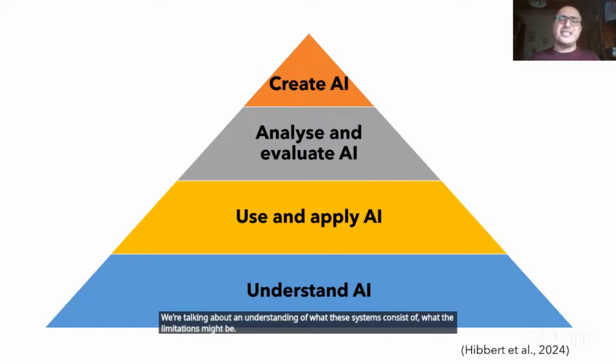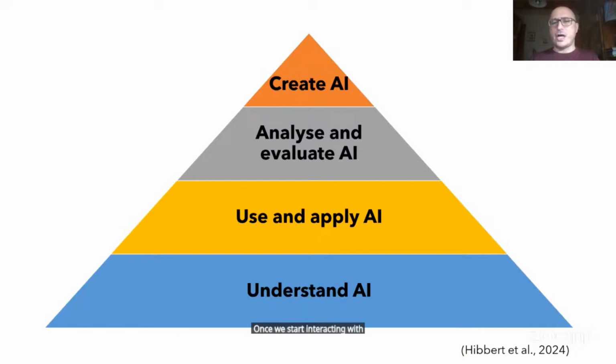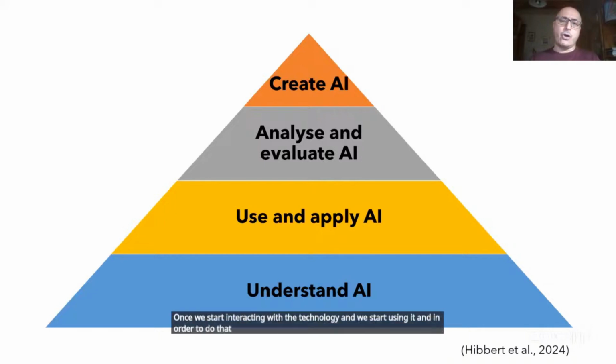Once we start interacting with the technology and we start using it, and in order to do that, we require the competencies that I'm going to be talking about later, we are moving a step further. So we are now able to interact with generative AI and to apply it to a wide variety of tasks.